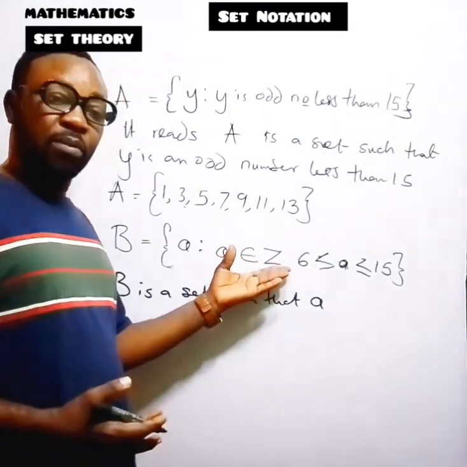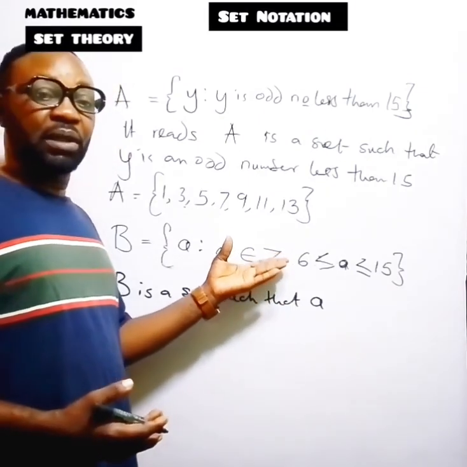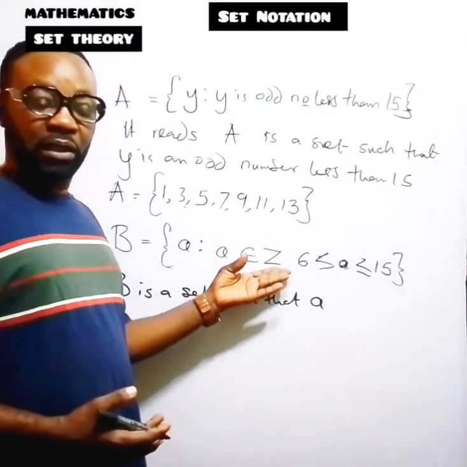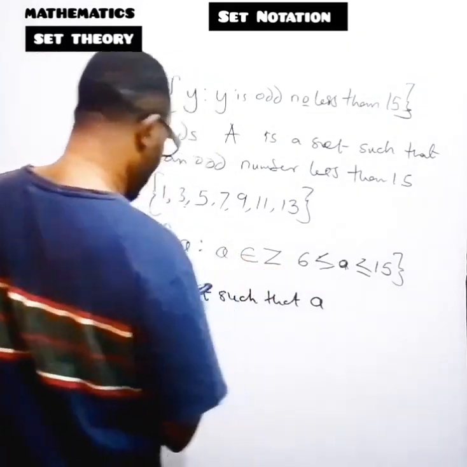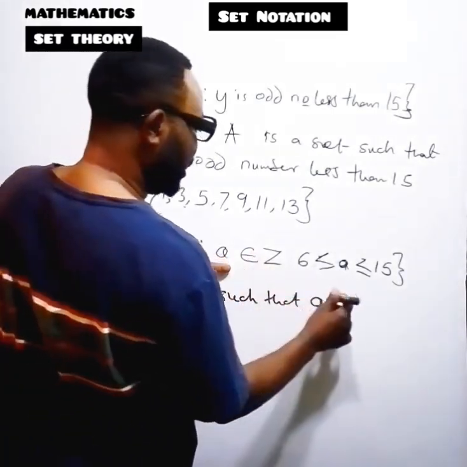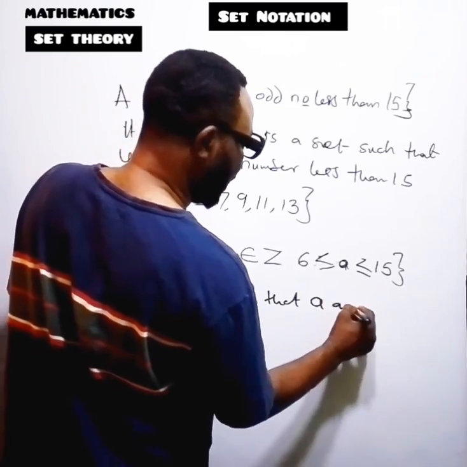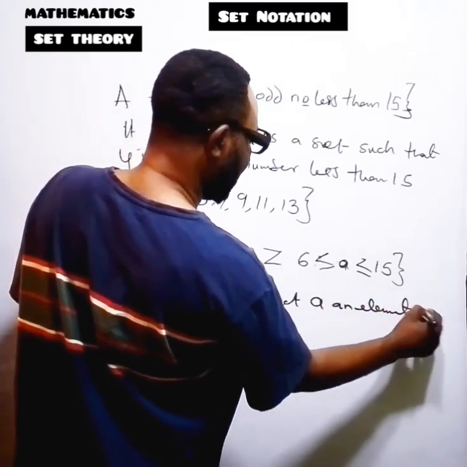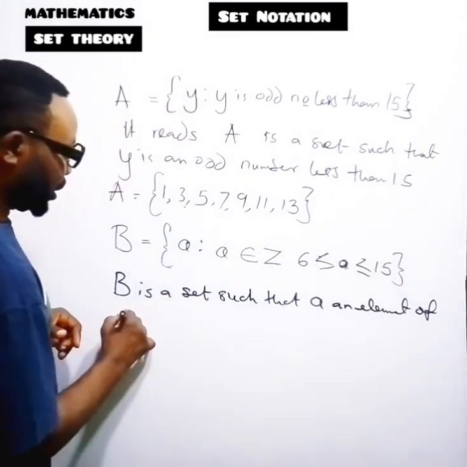The symbol that we represent by this capital letter Z in numbers is integers. B is a set of numbers such that A is an element of integers.